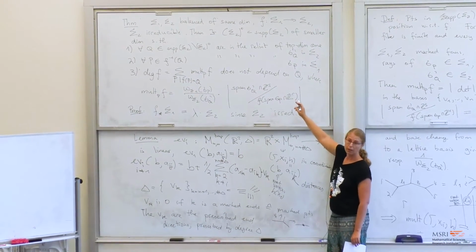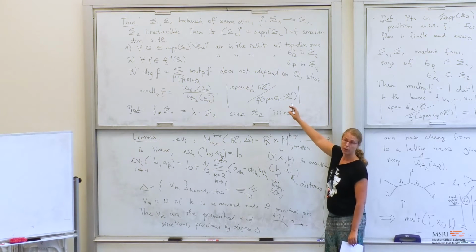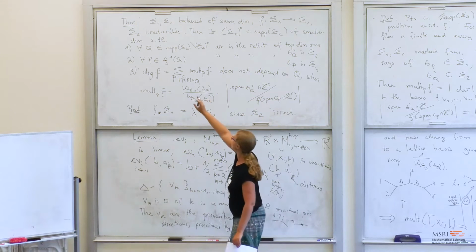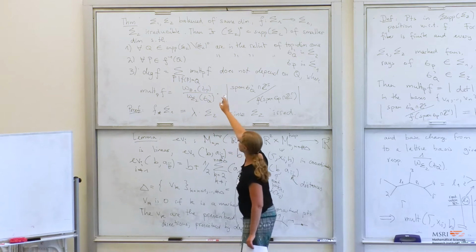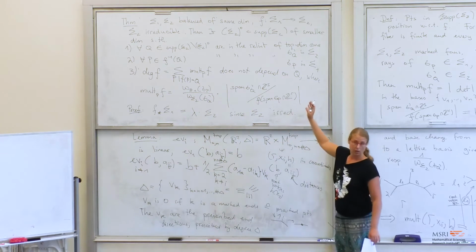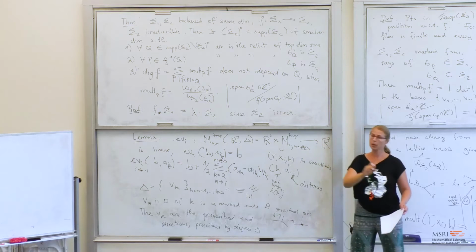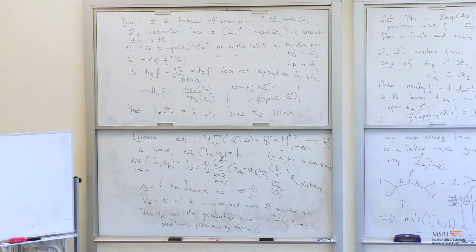I want to be in the relative interior of top-dimensional cones. In order to achieve that, I have to subdivide my fan sigma 1 such that the push forward of sigma 1 to sigma 2 is a well-defined fan, and then I just take the codimension 1 skeleton out. You'll see a picture. I'm actually about to do an example. Okay.